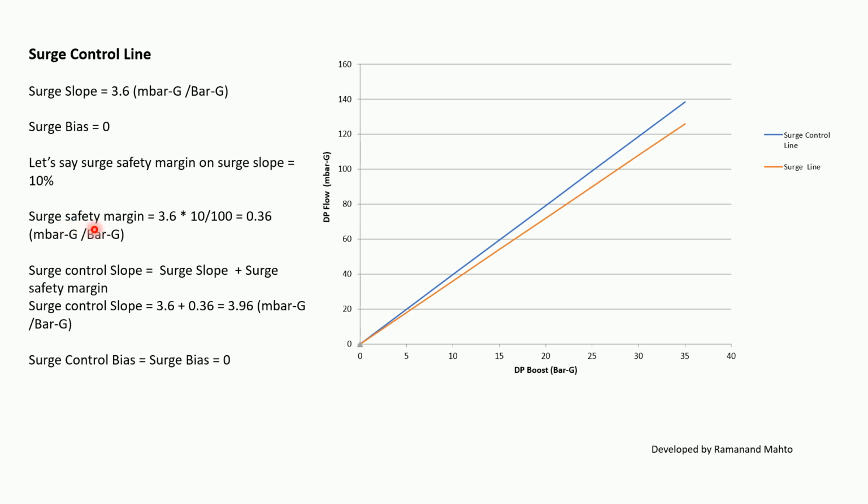So the surge safety margin is 3.6 into 10 by 100, which is 0.36 millibar gauge upon bar gauge. So surge control slope is equal to surge slope plus surge safety margin, which is 3.6 plus 0.36, which is 3.96 millibar gauge upon bar gauge. Surge control bias is the same as surge bias, 0. So you see, the surge control line is above the surge line.